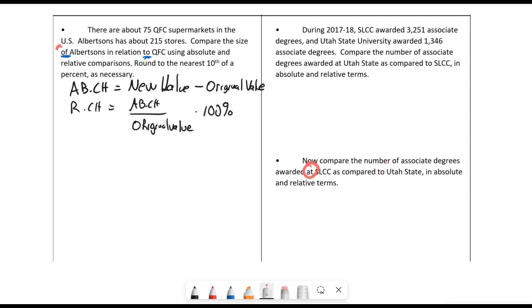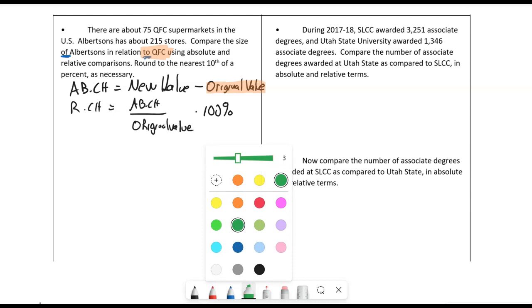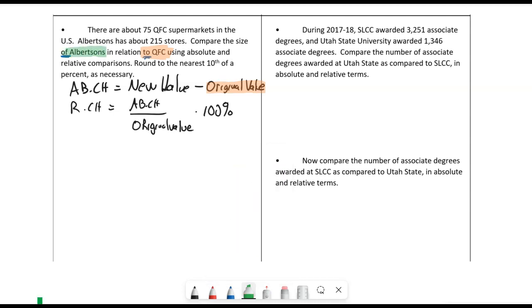Not the first word, "of" and "at", they're not the same, but the "to", what you're comparing to, is pretty much going to be in your comparison wording. The next thing after the "to" is going to be the original value, whereas the "of" is going to be the new value.